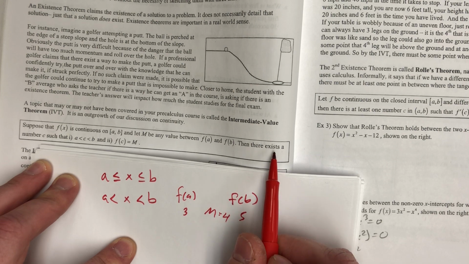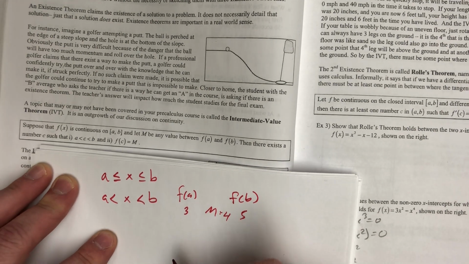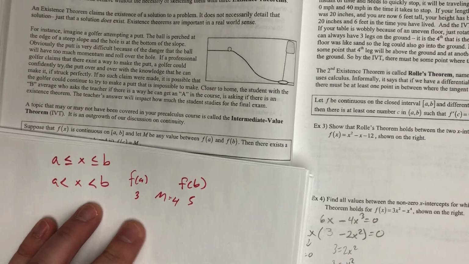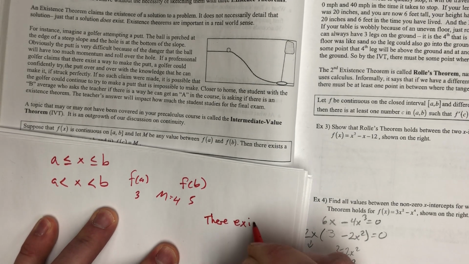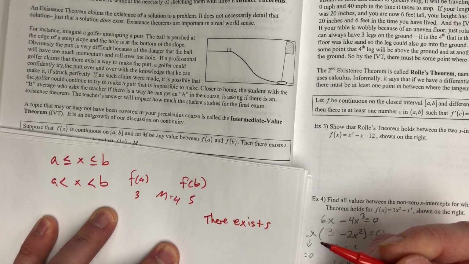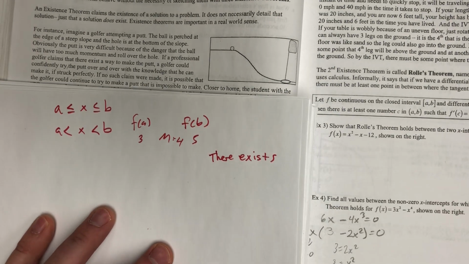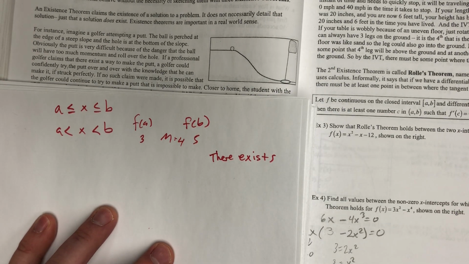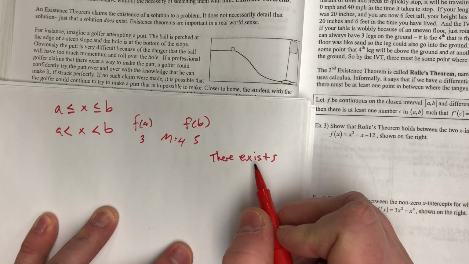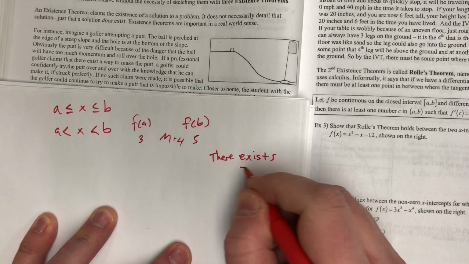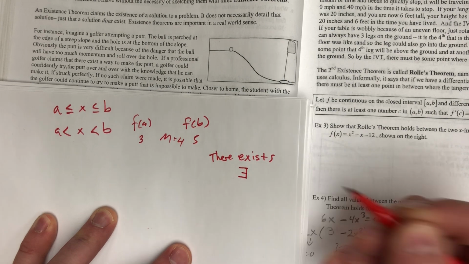Then there exists, all right, I want to show you a fun symbol. I do mean this is a fun symbol. There exists. It's a shorthand symbol that you use in taking notes. It helps you save writing. We see this so often in math that a symbol was invented.